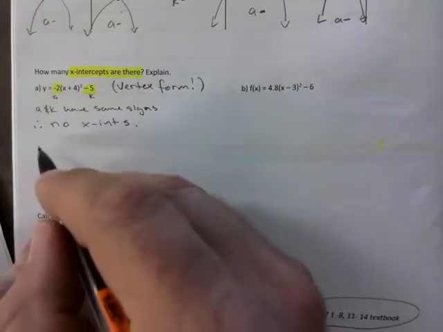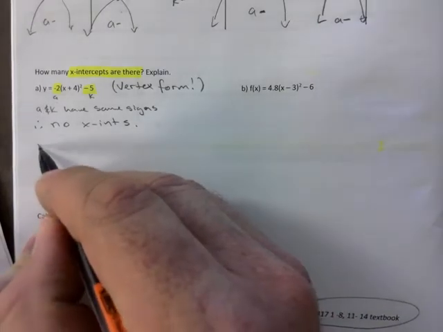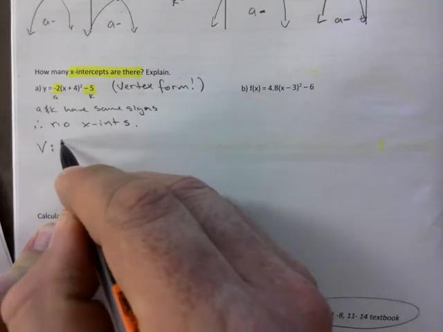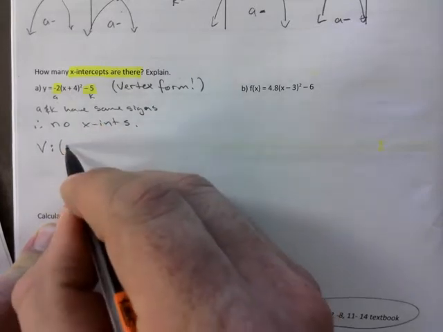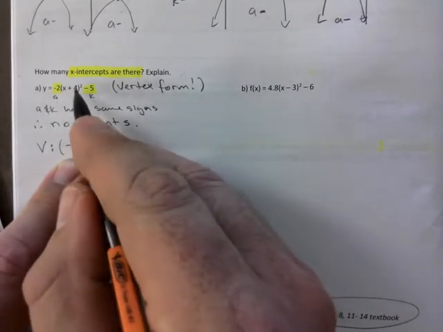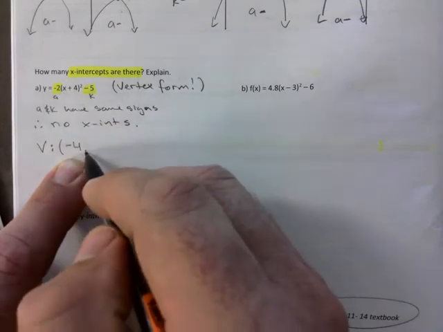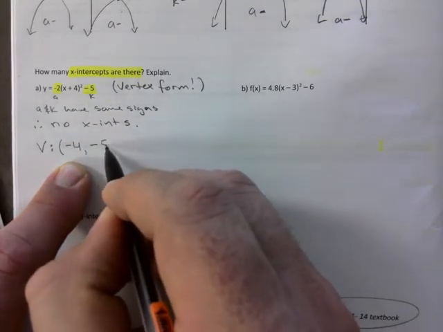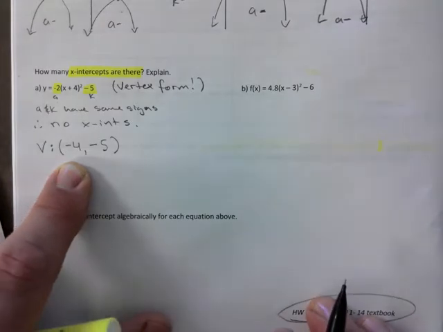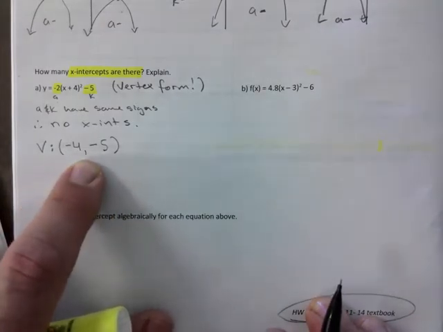Notice that we could have identified the vertex from this by just changing the sign of whatever's inside the bracket. That's the x value, and this is -5. So we could find our vertex straight from that.